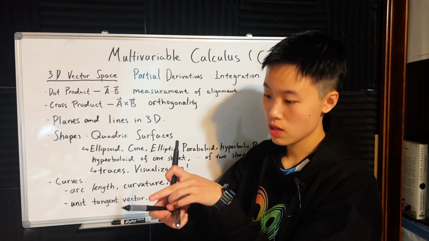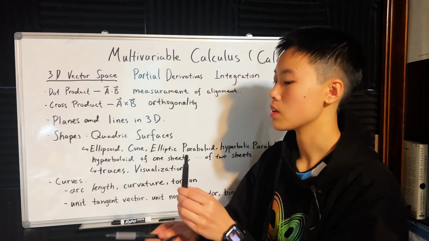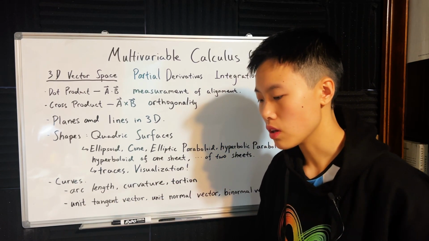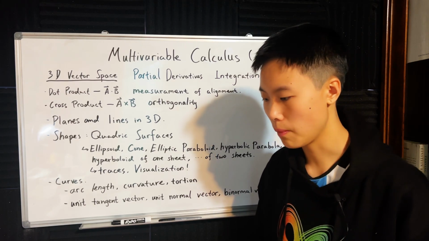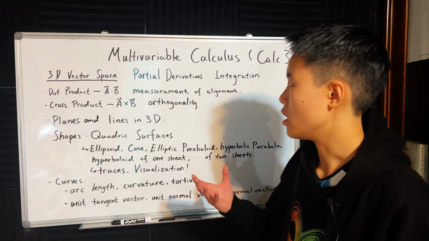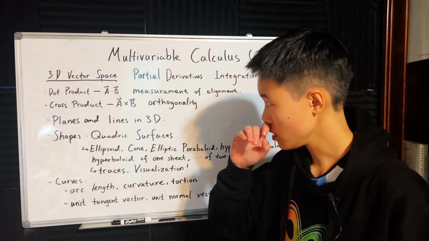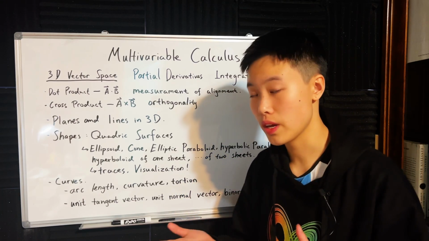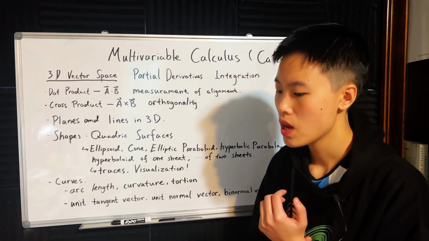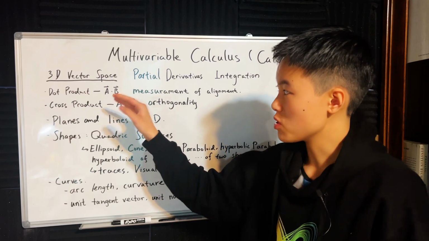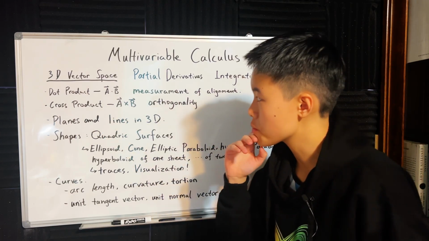So this would be A, B, and then this would be A cross B. That's the main concept of it, and you'll be able to use this to find the volume of a trapezoid, and again find the angle between the 2 vectors. So these 2 are the fundamental operations in 3D vector space.